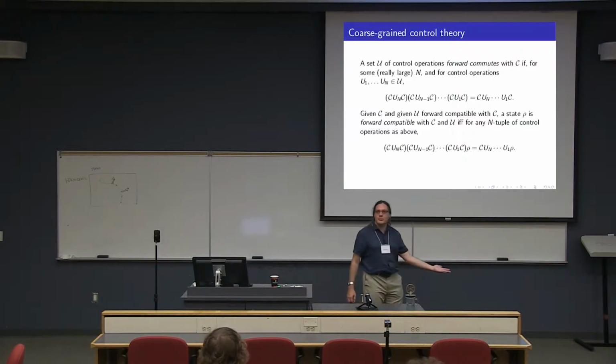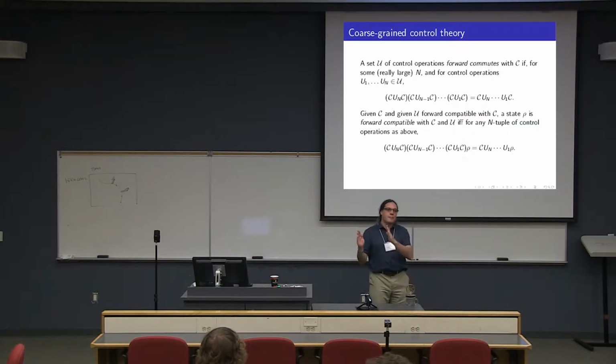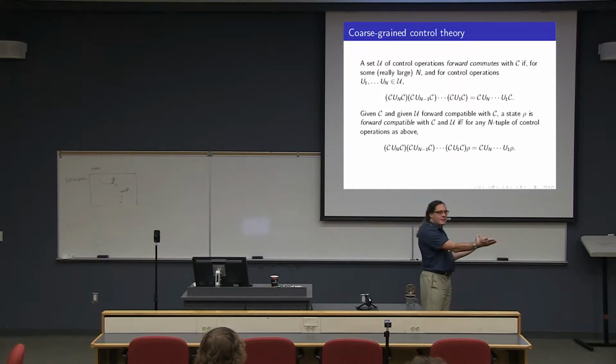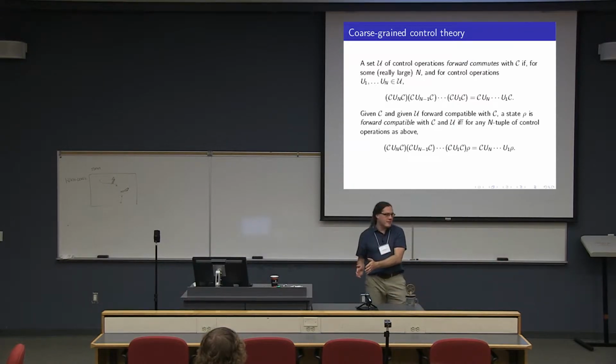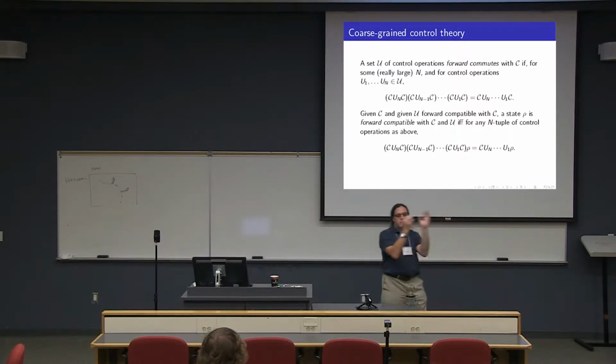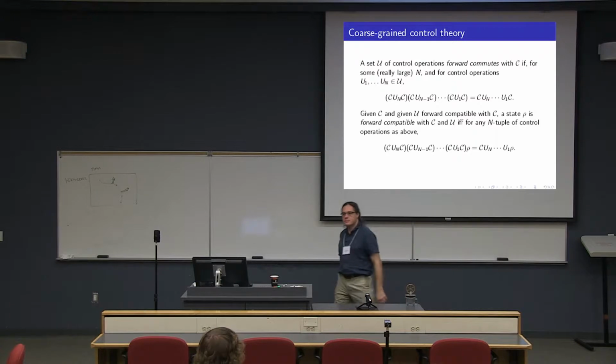So a theory whose coarse-graining map is something like, pretend the system's totally randomized, and whose control operations included the spin echo transformations, wouldn't count as a theory whose control operations were forward compatible with that coarse-graining. Because if I apply the spin transformation, randomize, and apply the reverse of the spin transformation, I don't get back to the same place as if I applied the spin transformation, reversed the spin transformation, then randomized.